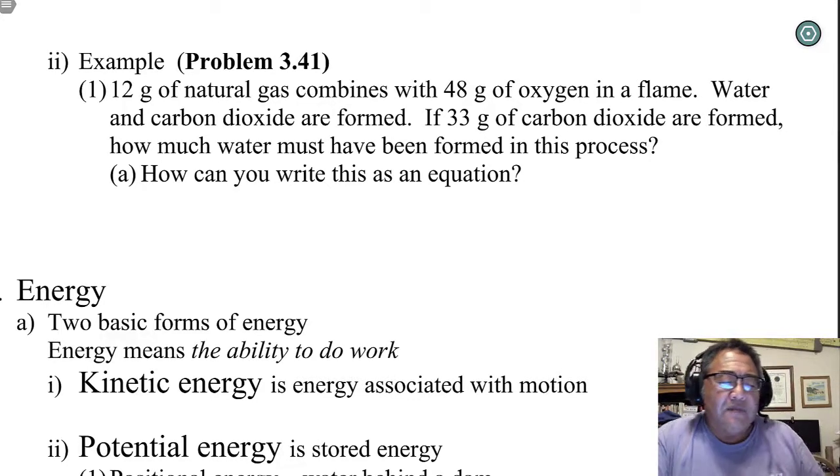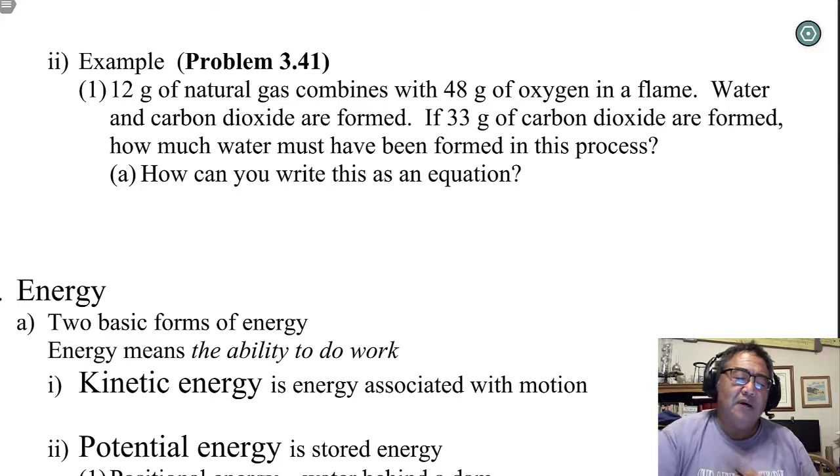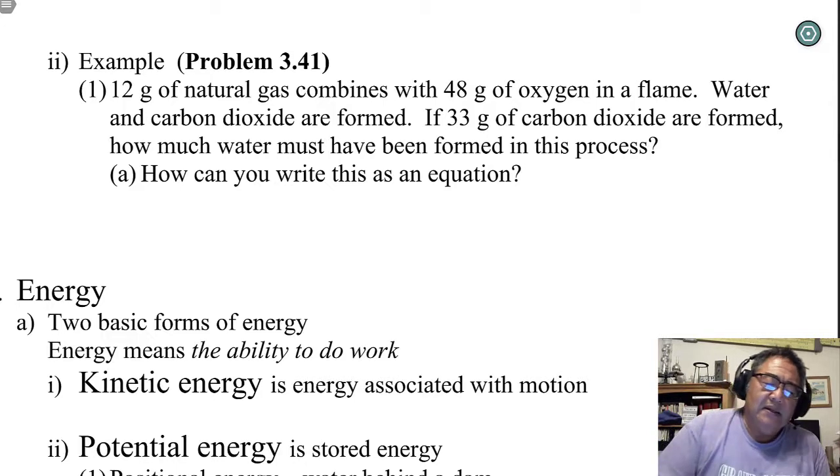It says 12 grams of natural gas combines with 48 grams of oxygen in a flame, right? Water and carbon dioxide are formed. If 33 grams of carbon dioxide are formed, how much water must have formed in the process? So what you need to do is formulate the equation, which is a statement of conservation of mass.